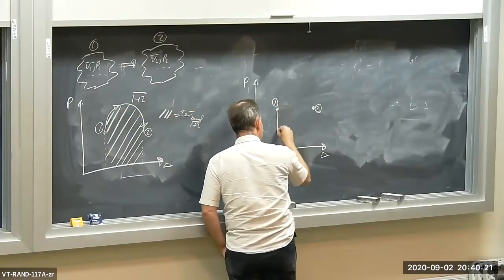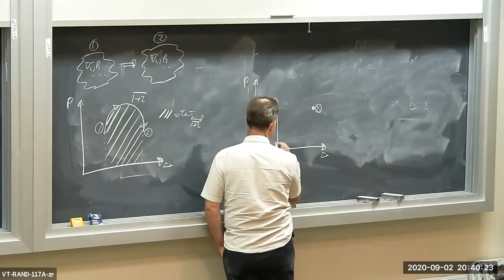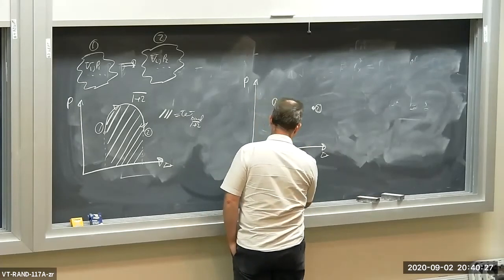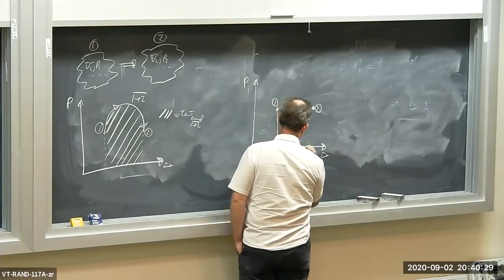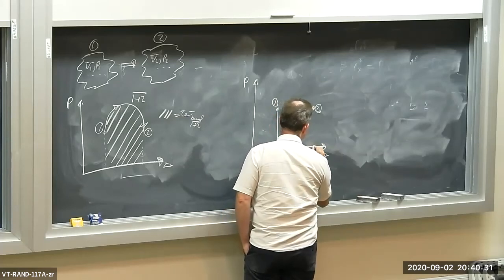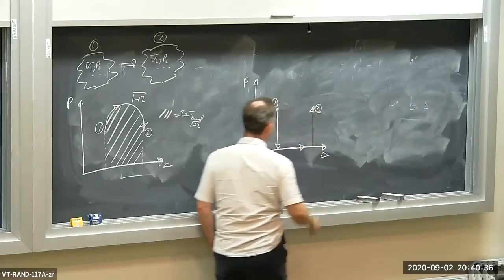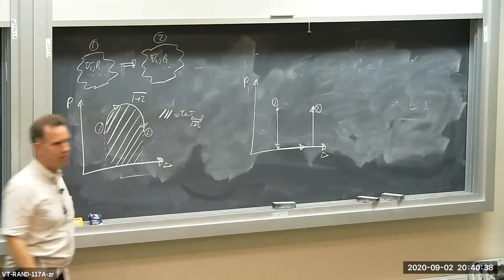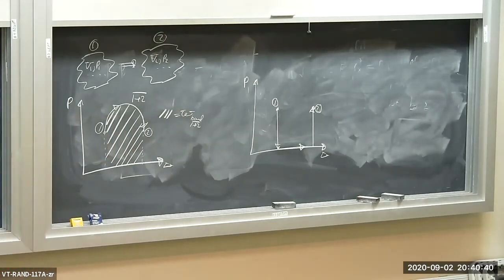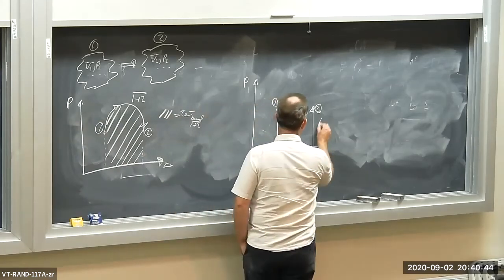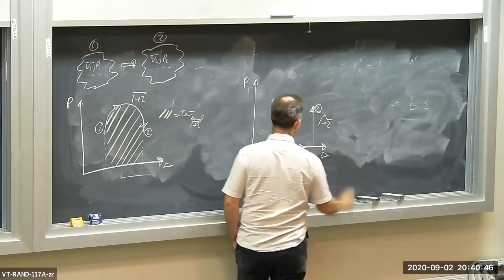Pressure goes to 0. Expands at 0 pressure, and then pressure shoots up to P2. I'm going to call that path 1 to 2 tilde.